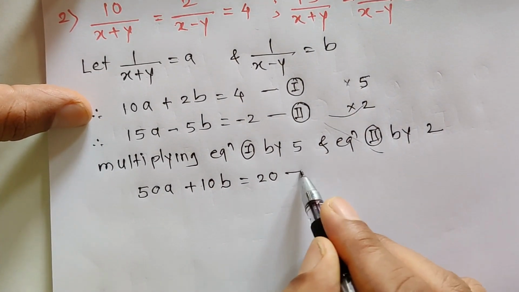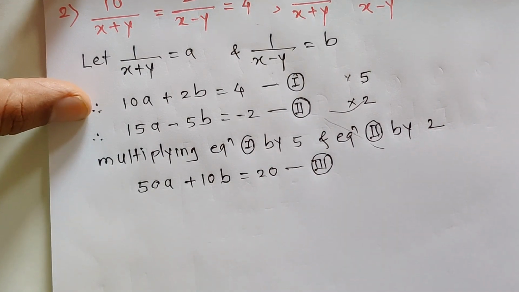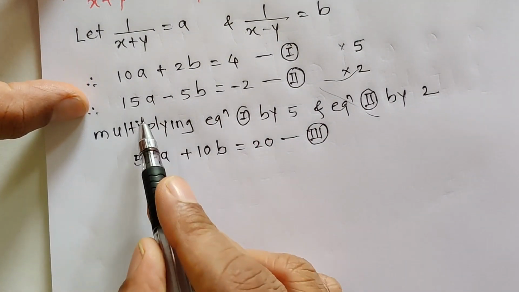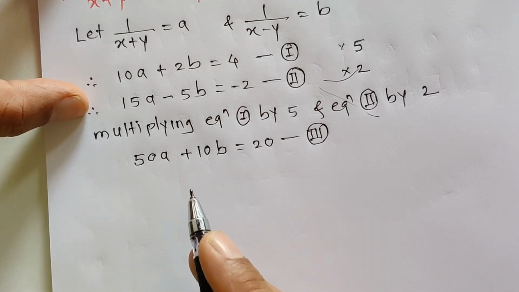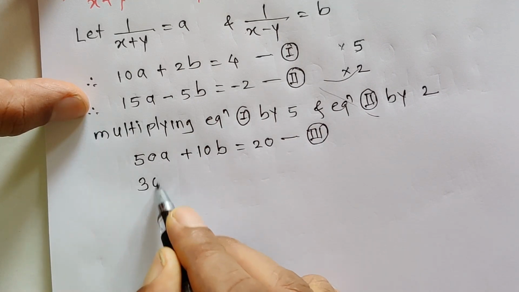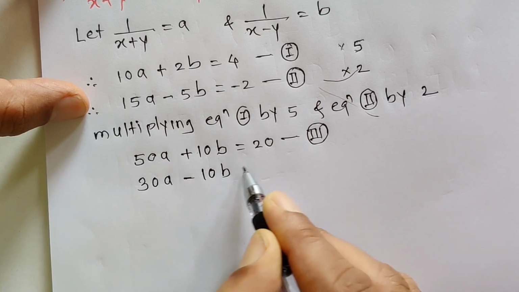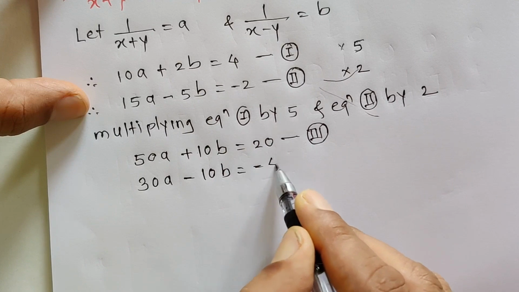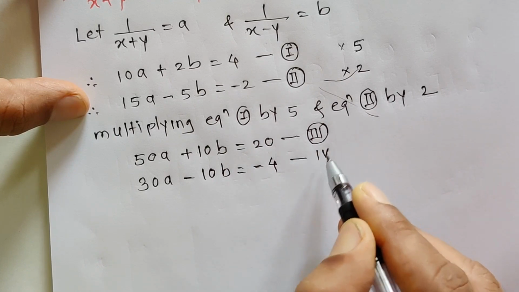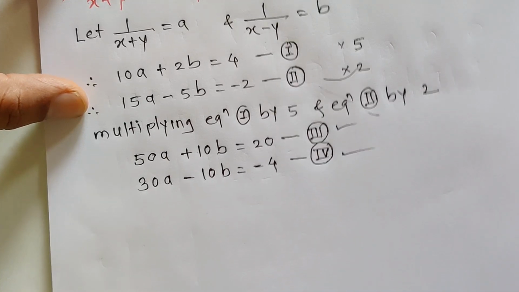This is our equation number 3. And multiply equation 2 by 2, we get 15 2s are 30a minus 5 2s are 10b is equal to 2 2s are 4. This is equation 4. Now solve this equation 3 and 4.